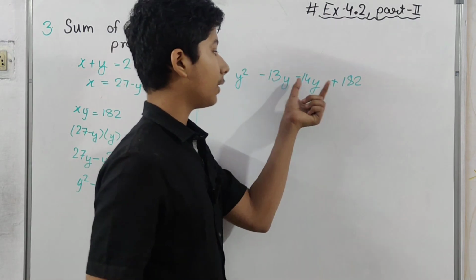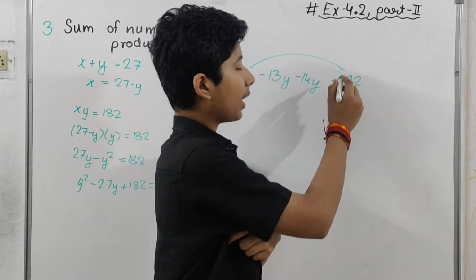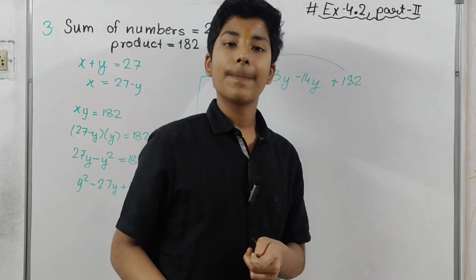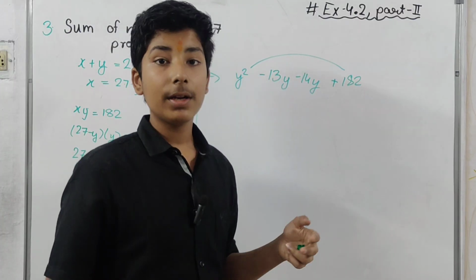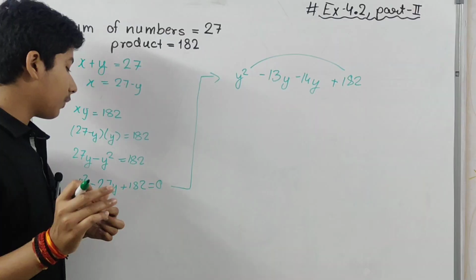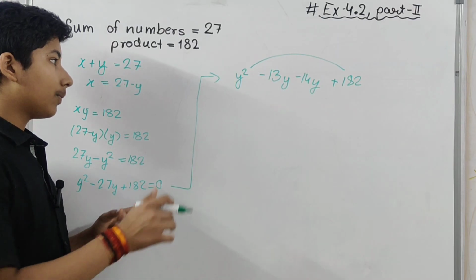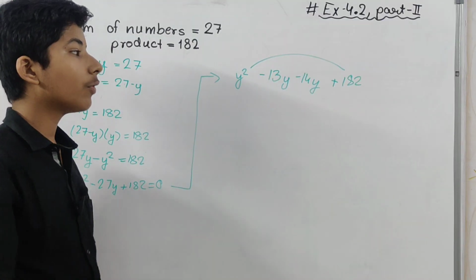So if you see 13y into 14y is 182y square. See, we have to firstly multiply these both numbers. And then we have to find two numbers which when we add them, it becomes 27y, and when we multiply them, it becomes the product of these, means 182y square.